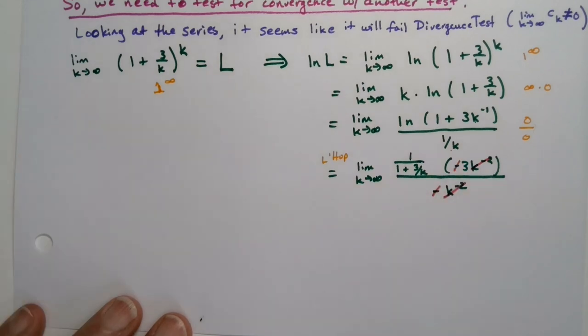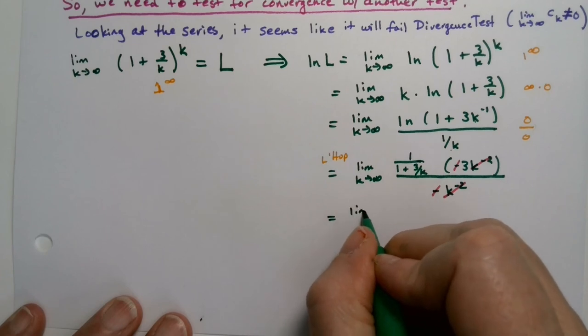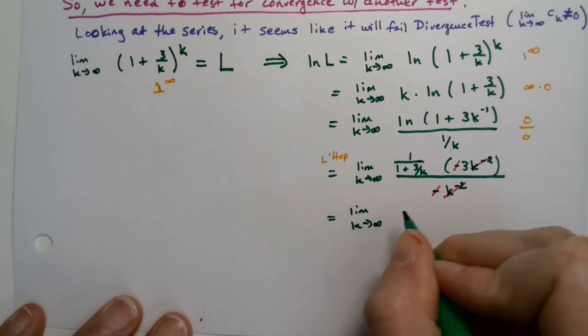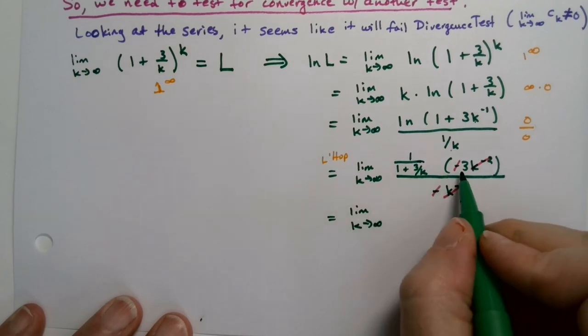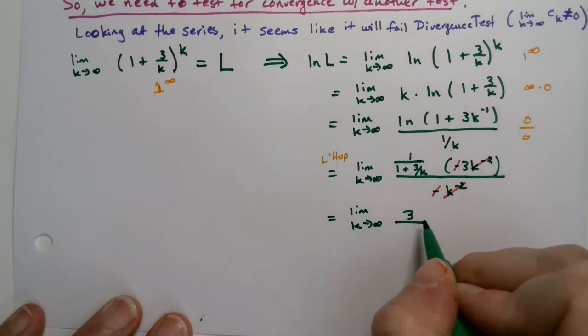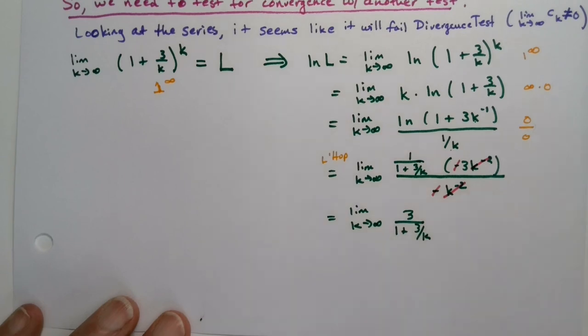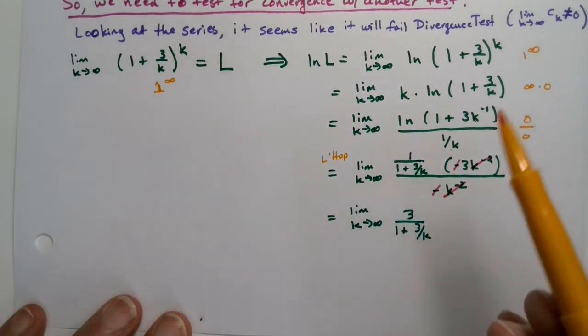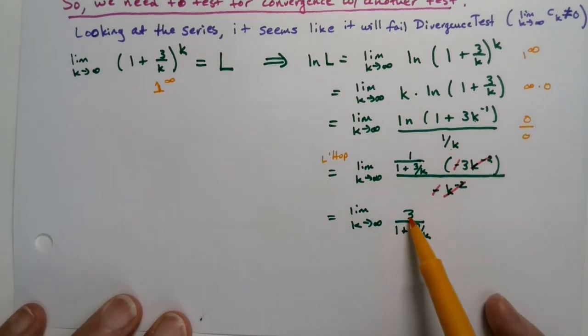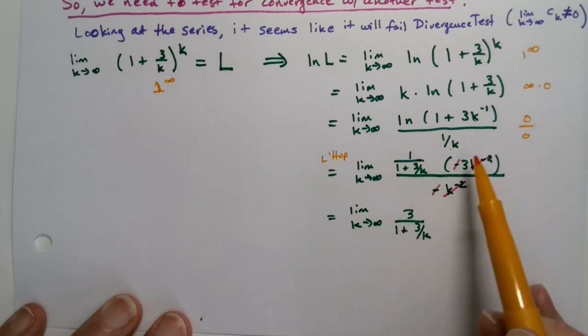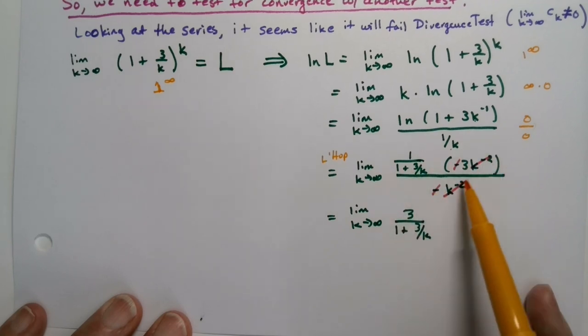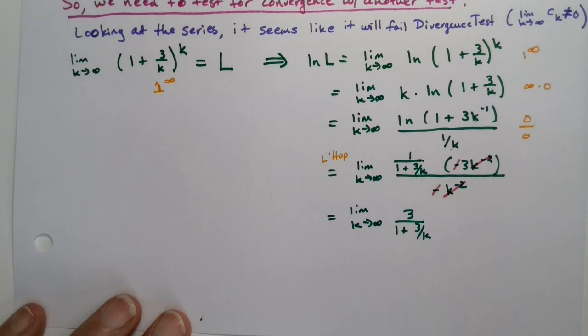So that means that I'm taking the limit as k goes to infinity of 3 over 1 plus 3 over k, right? Because the 3 is left, that's that 3 right there. 1 plus 3 over k is right there, and the negatives went away, and the k to the negative 2's went away.